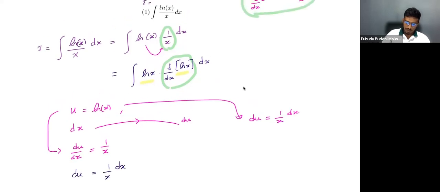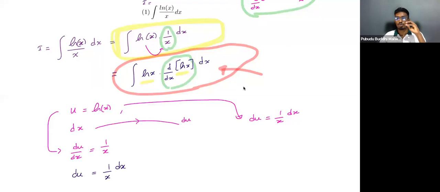Hence, focus on this part, this is the integral that we are going to integrate. Of course, that integral equals this. But we did this to identify the correct substitution. After identifying that, we can use the original integral.